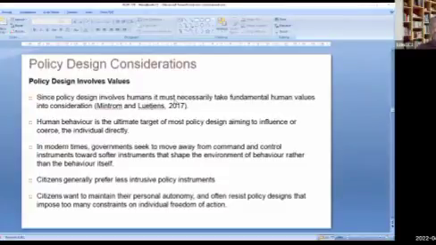In modern times, governments seek to move away from command and control instruments towards softer instruments that shape the environment of behavior rather than the behavior itself. So you begin to work on the environment of behavior rather than pushing or forcing people. When you do certain things in the environment, it moves people to behave in a certain way.